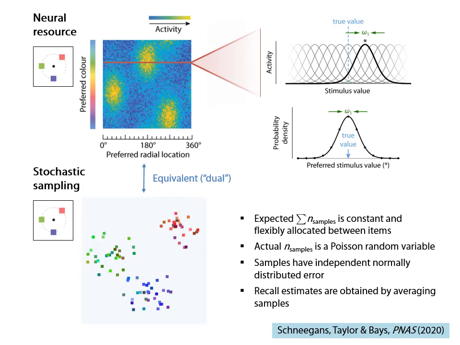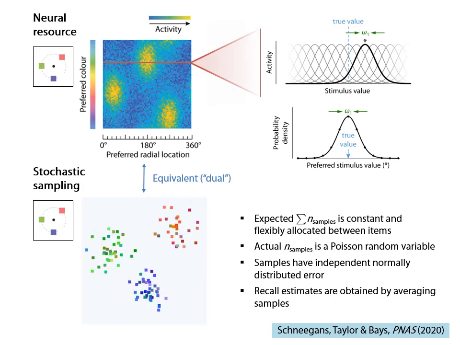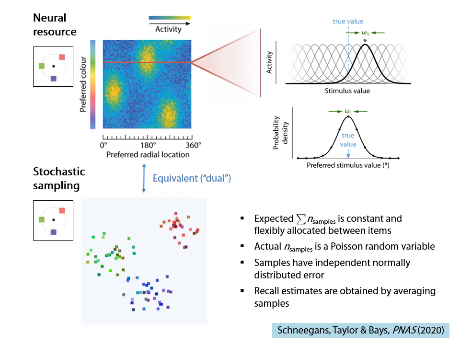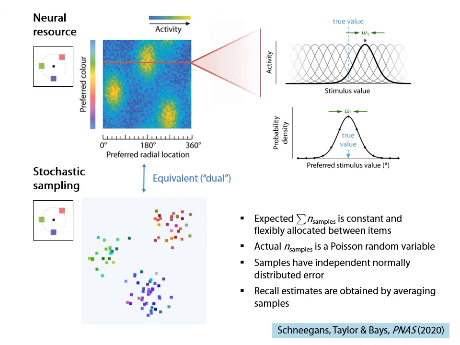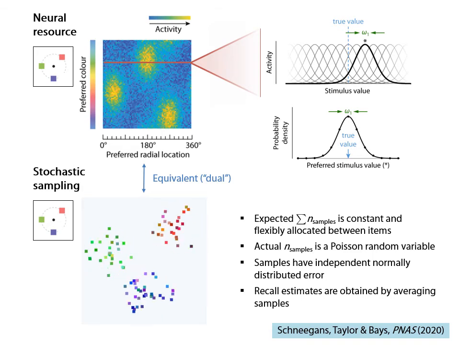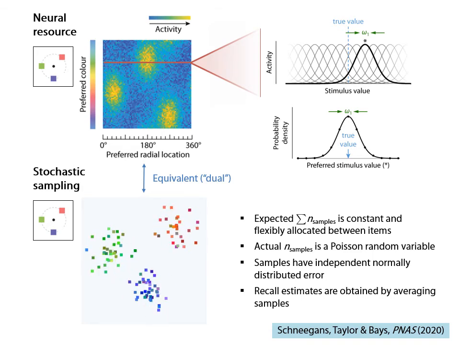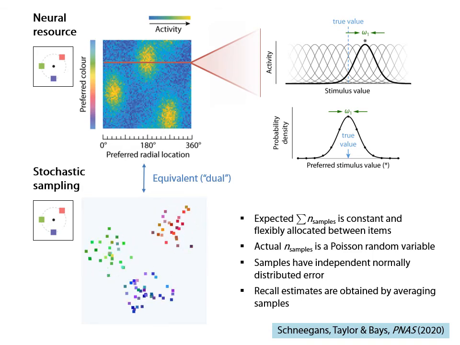In this illustration, each coloured square is a noisy sample of one of the stimuli, equivalent to a spike in the neural model. The key principles of the sampling model are, firstly, that the total expected or average number of samples is constant and can be flexibly allocated between items, just as in the neural resource model.